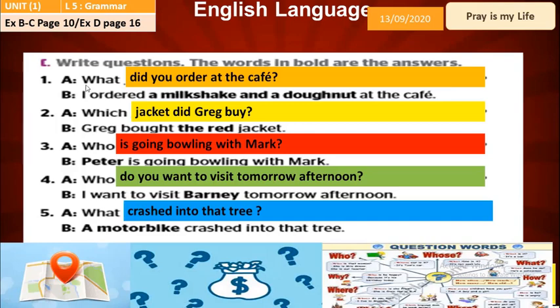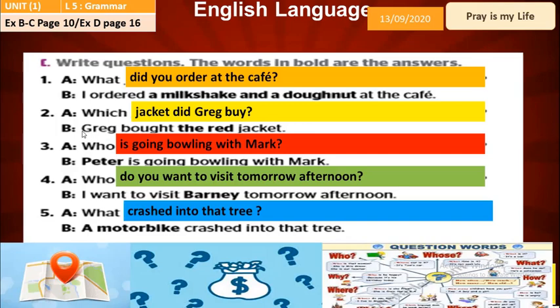So, in the first question, we are asking about the milkshake and a donut, which is an object. So, we need inversion, and so we will say, what did you order at the cafe?